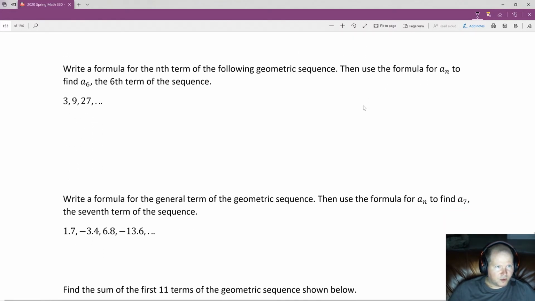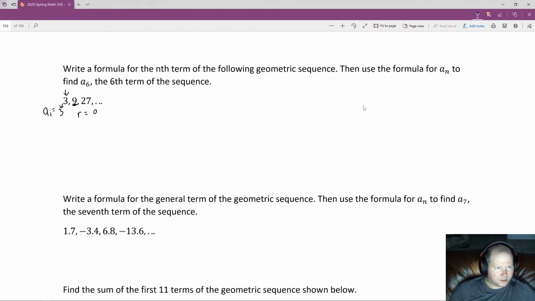And then we have this one. Write a formula for the nth term of the following geometric sequence, then use the formula an to find the sixth term of the sequence. Okay. Now, we know that the first term in the sequence is 3. They give that one to us. Now to find r, we're going to take the second term and divide it by the first term.